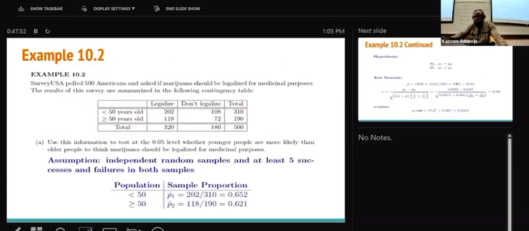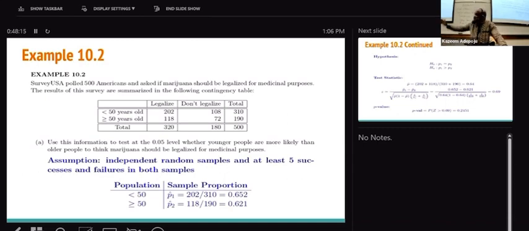Take a look at this. Survey USA polled 500 Americans and asked if marijuana should be legalized for medicinal purposes. The results of this survey are summarized in the following contingency table, where they look at the age. The age is categorical, less than 50 years and 50 years or more.